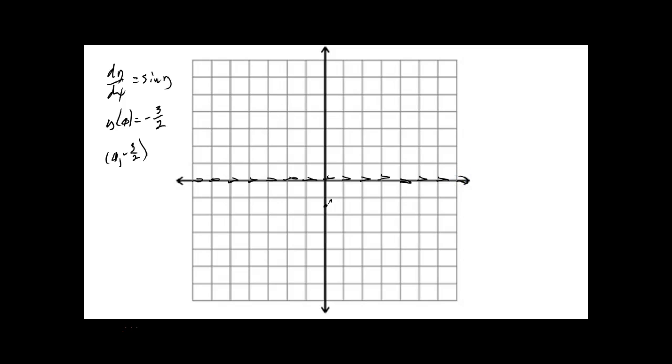Now, for some other y's, you can choose some other values that you know automatically, like pi halves. What is pi halves approximately? Pi is just a little over 3, and 2 is 2, so it's something a little over 1.5.